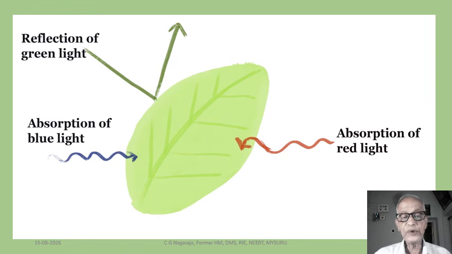But leaves absorb most of the energy from the blue light region and also from the red part of the sunlight. The green and yellow are reflected. Therefore, the leaves appear green.